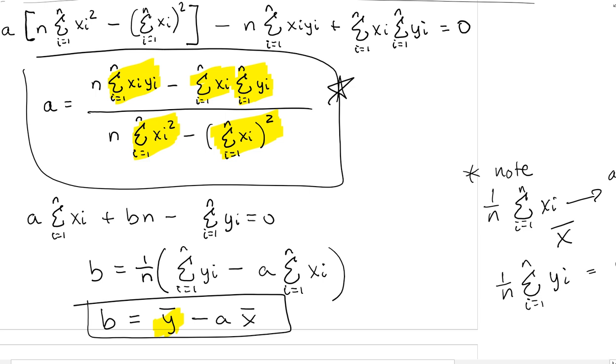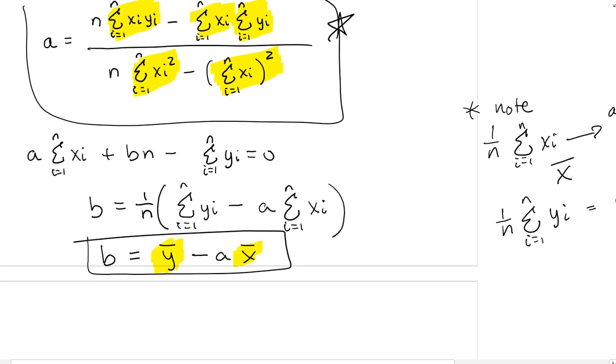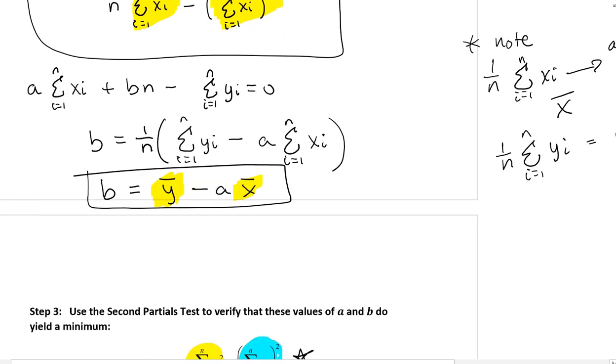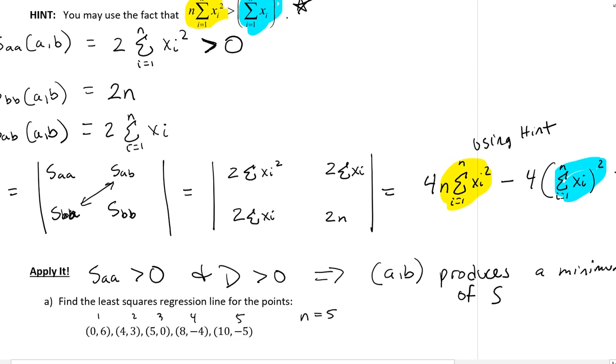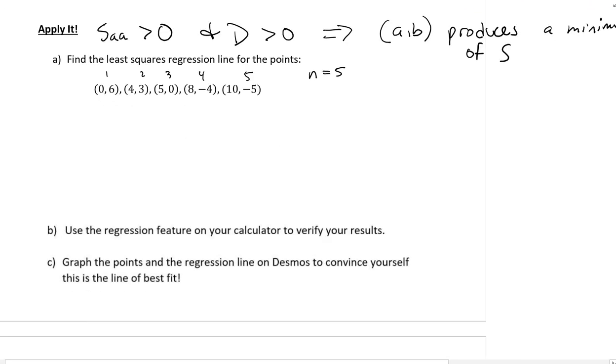And then it looks like we'll also need the average x coordinate and the average y coordinate, and that a value to help us calculate our b. So we're using those things, so it might be helpful to have that written down in front of you.